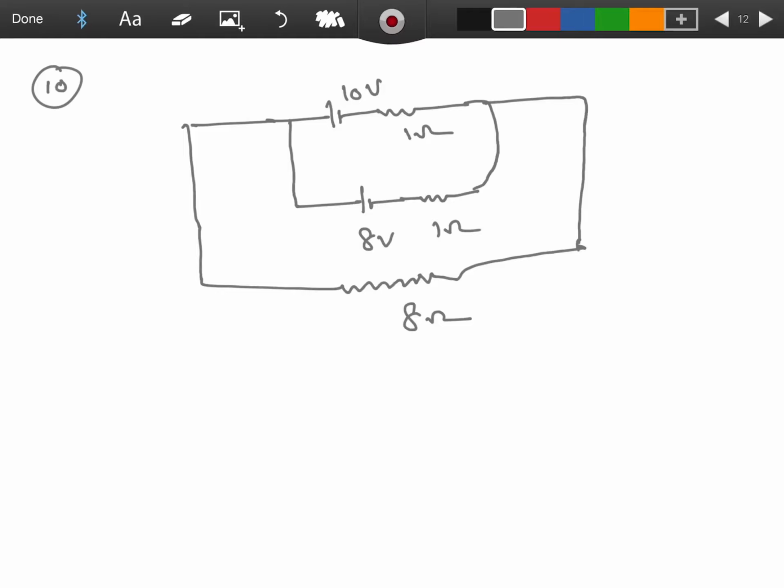See, whenever these kinds of questions come, if they mention the current direction, you don't take your own current direction. Whatever they mentioned in the question, you take the same thing.